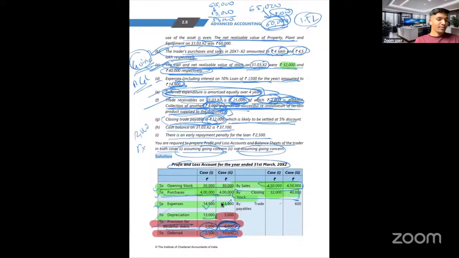So normally, if it's 12,000, then we don't have to settle it quickly, if the business is going on. But if there is no assumption of going concern, then we have to settle at 5%, that is 600 rupees. So this also we have considered.